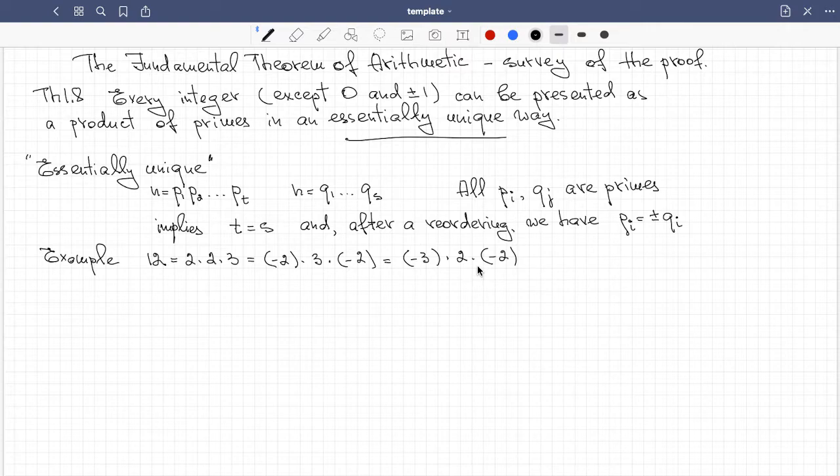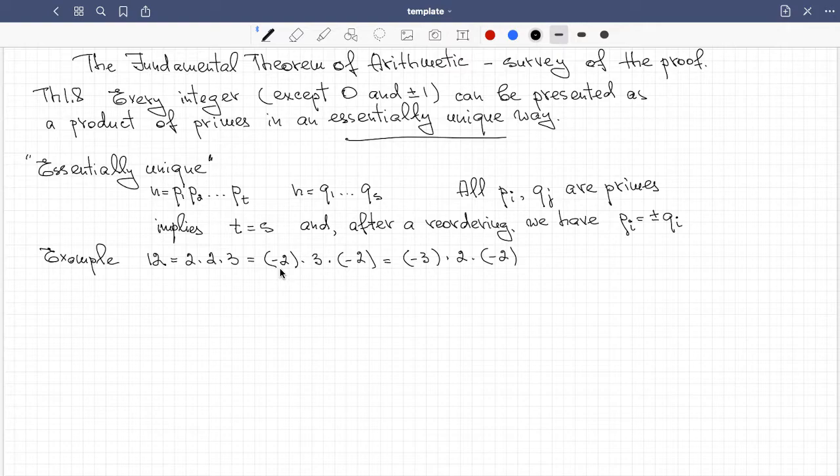Of course, the parity of the total number of negative signs is also invariant. So we compare these two, this one and this one. We see negative 2, negative 2, negative 2, 2, 3, negative 3.